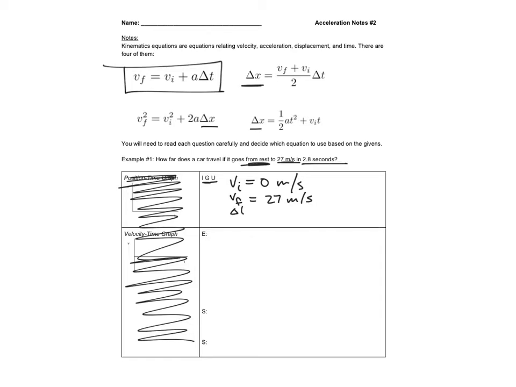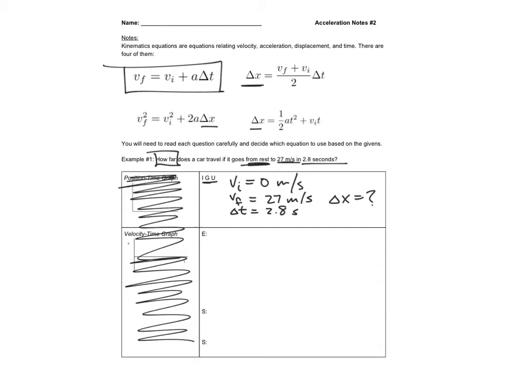So delta t equals 2.8 seconds. Now, yesterday we had this exact same problem, except it asked for acceleration instead of how far. The question, how far, is talking about delta x. So what we're going to look for is an equation that has VI, VF, delta t, and delta x in it. We're going to go through the different equations.